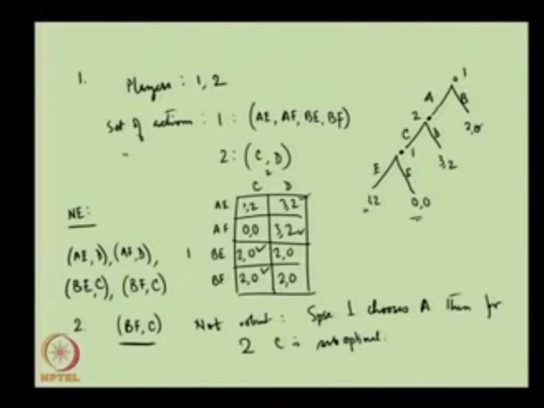So, here player 2's action is not optimal. Secondly, player 2 is saying that I am going to play C, but this action cannot be confirmed by player 1, because it never gets played, as player 1 has already chosen B. In fact, if player 1 experiments and chooses A, player 2 is never going to choose C. Therefore, this action C of player 2 cannot be sustained if there is some deviation from the action B. So, that is why it is not a robust steady state. Thank you.